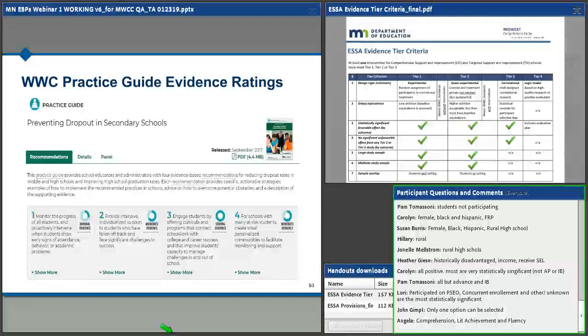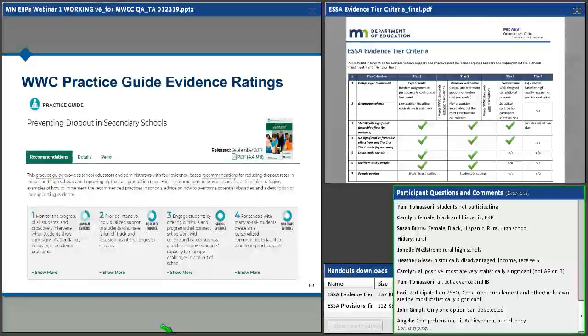And it's important to note that the evidence is based on you actually following the practice to the grain size described here. In other words, if you leave out some component of the practice as it's described here in detail, you very well could be not meeting the evidence criteria. So it's important that those are followed closely.